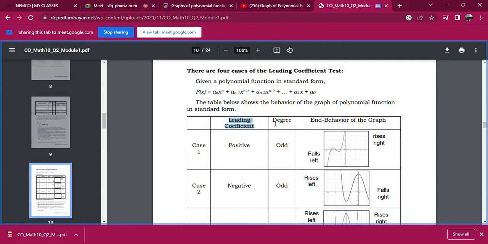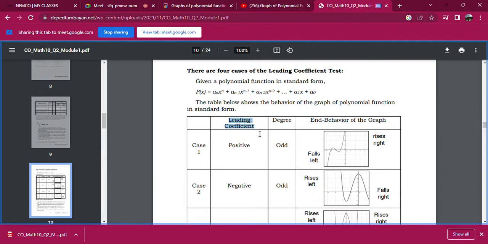Tapos imo i-identify si 3 kung unsa siya, even ba or odd. And then, the leading coefficient kay katong number nga pilit sa x cubed. That is 1.